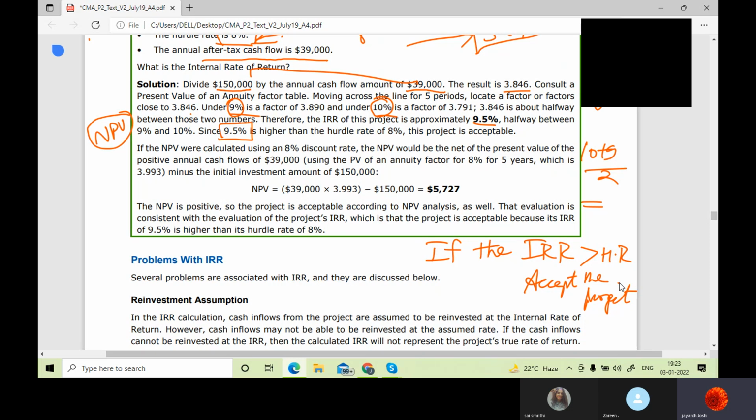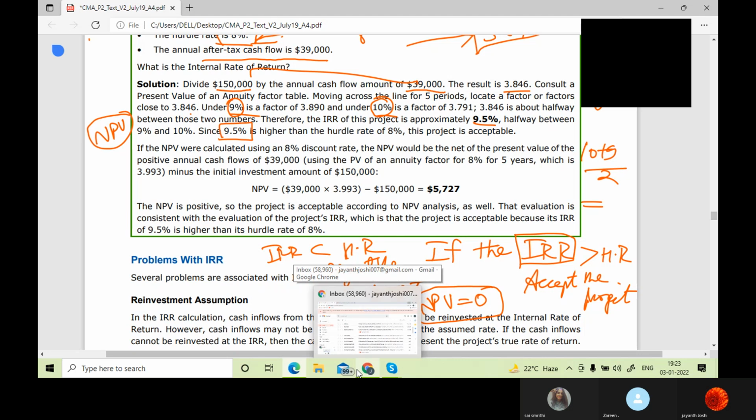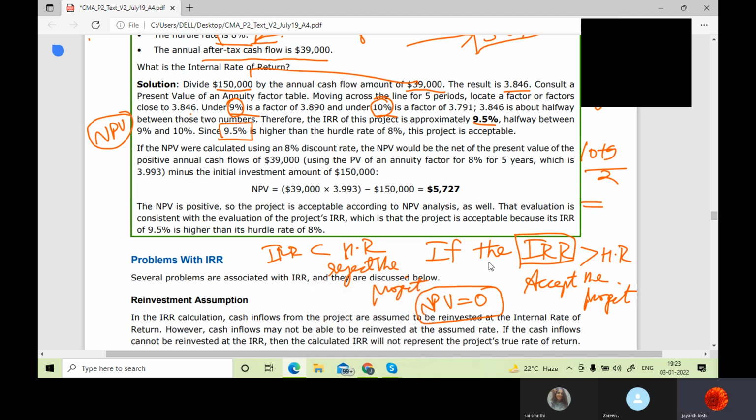Isn't it so? If the IRR is less than the hurdle rate, reject the project. But why? See, what is the definition of IRR?